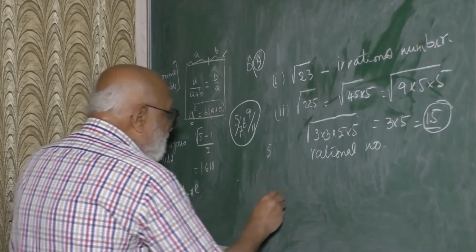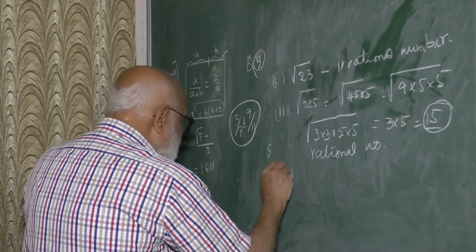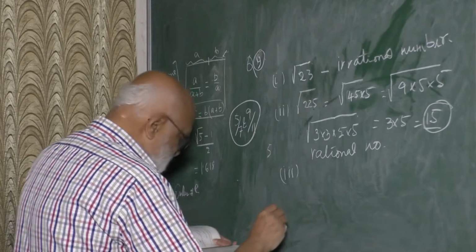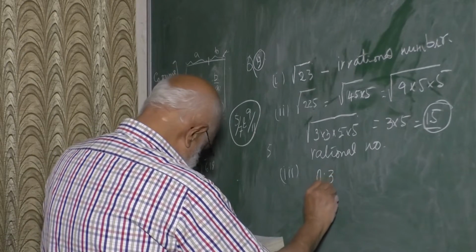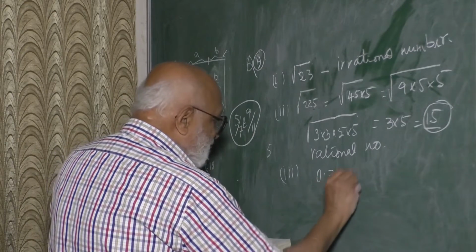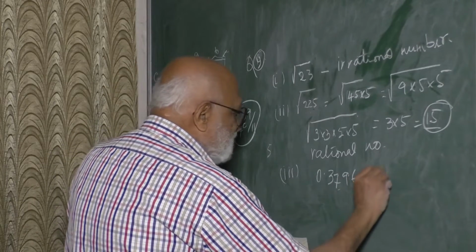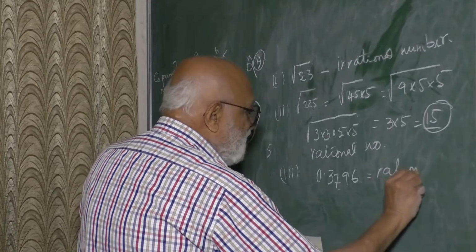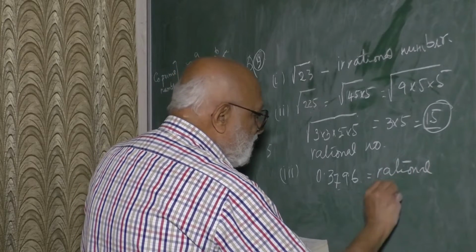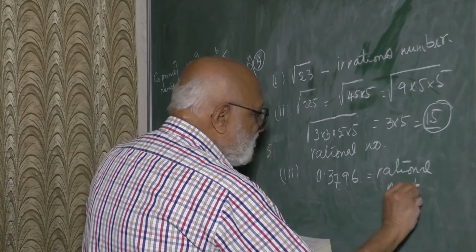Now number 3. Number 3 is what? 0.3796. Now this is terminated. So this is a rational number. Decimal expansion, rational number. Why?